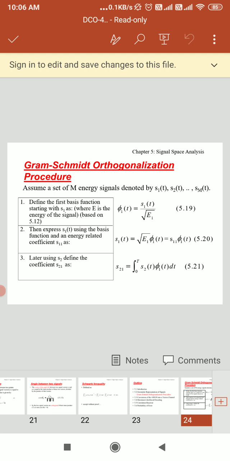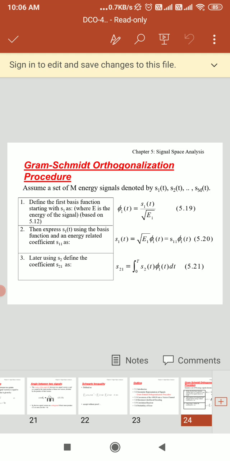Phi 1(t) remains as it is, but instead of the square root of E1, the energy of the signal, we write the energy-related coefficient S11. Now, later, using S2 we define the coefficient S21.